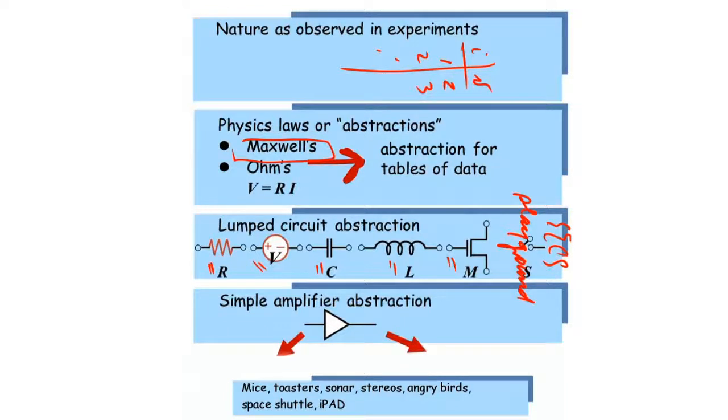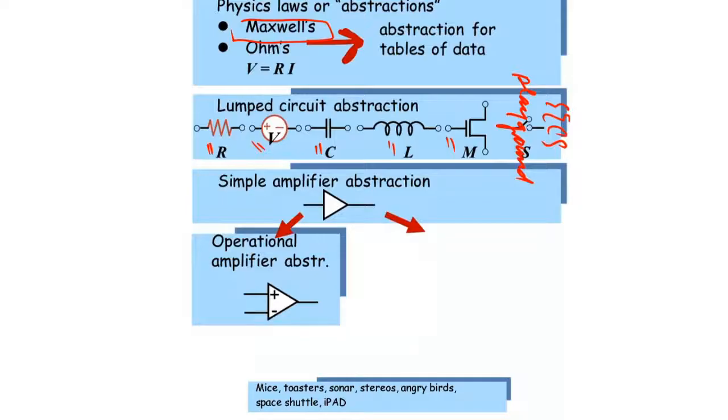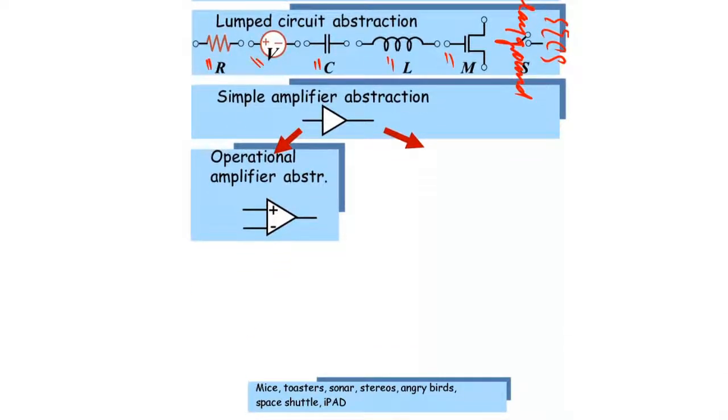From there, we took two paths. One path went down the analog domain, where in the last couple of weeks we've looked at the operational amplifier abstraction. This is an amplifier with a pair of inputs, a plus minus set of inputs, and an output taken with respect to ground. We proceeded down this path, and we looked at filters most recently.